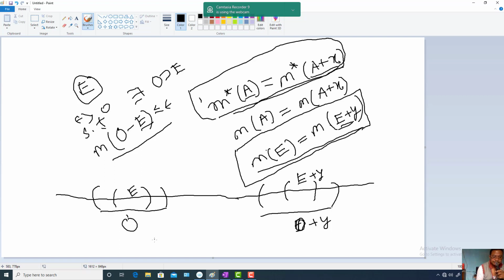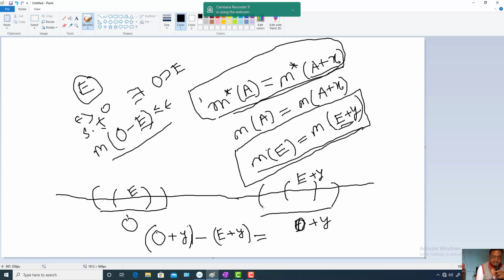Then what about this difference? O plus y is a set, and E plus y is another set.